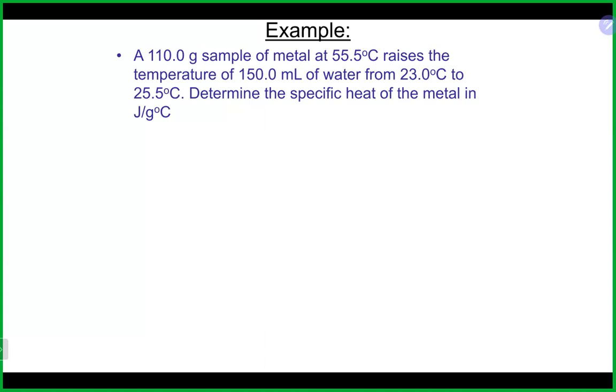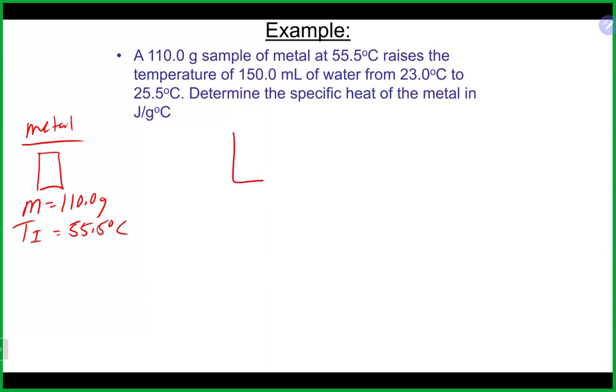So this is pretty much the same situation that we just talked about. We have a piece of metal here, and we got some information about our metal. The mass of it is 110 grams. The initial temperature is 55.5 degrees Celsius. We also have some water over here.